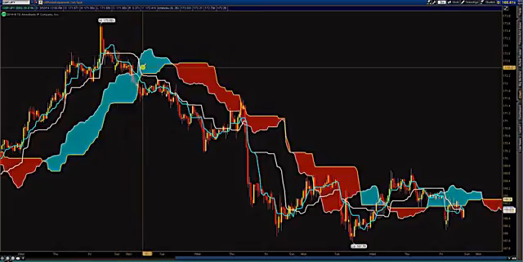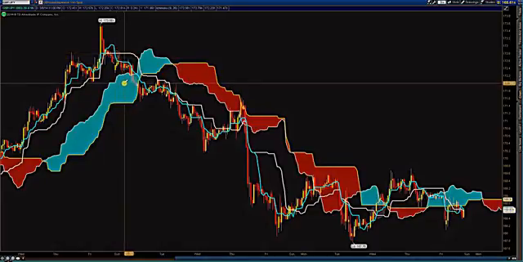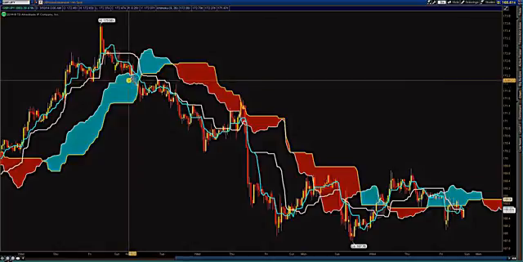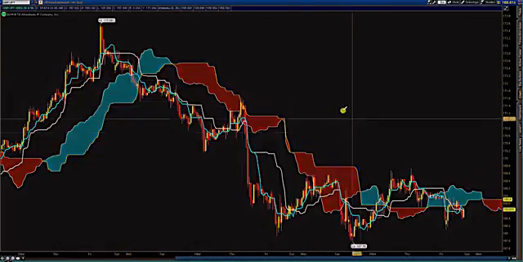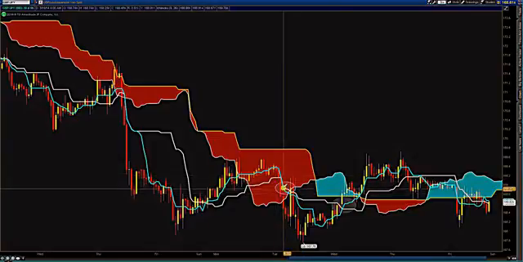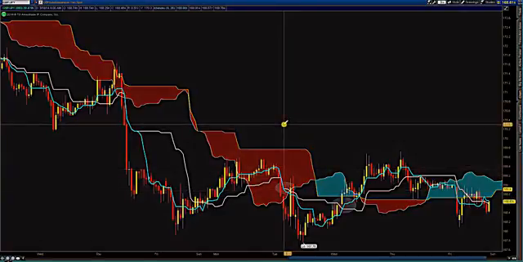A medium cross is when the crossover occurs within the cloud. In this case, a medium cross would be right here. The Tenkan crosses below the Kijun within the cloud. That's a medium cross because the components did not cross above the cloud, rather within the cloud.